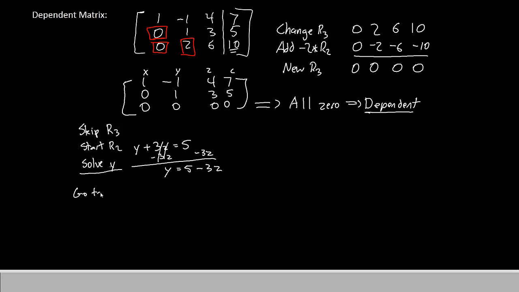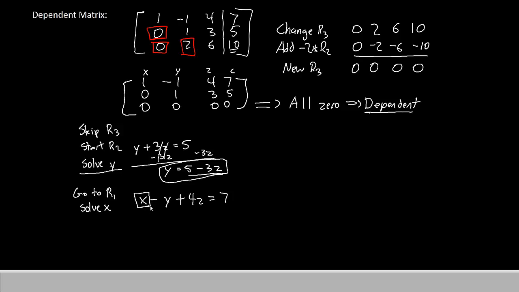Now we will go to row 1, now that we know what y is. Row 1 says 1x minus 1y plus 4z equals 7. This time we are going to be solving for x.